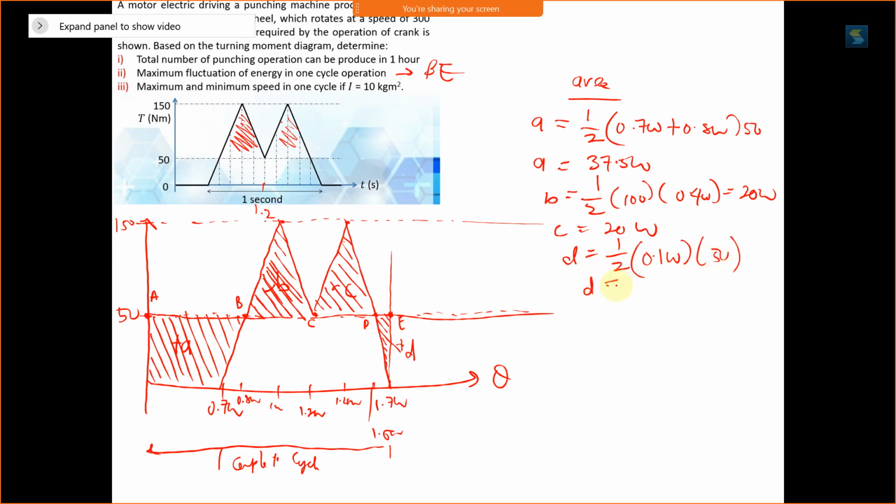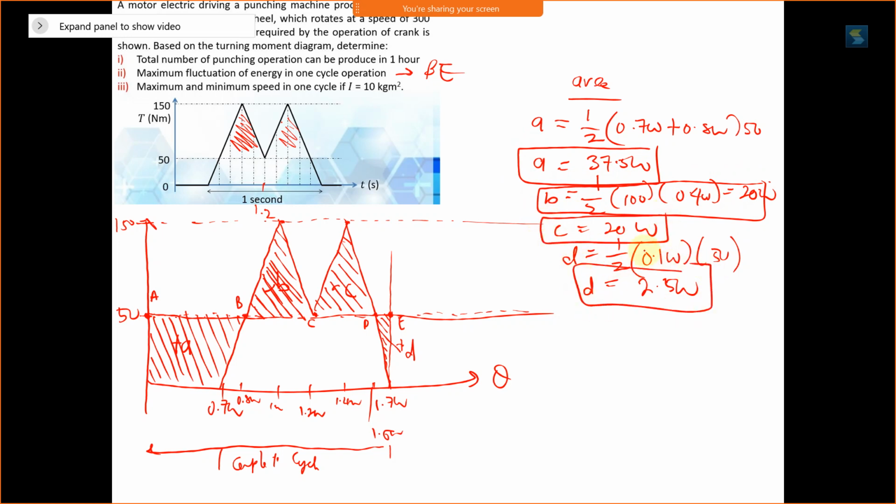Then D equals 2.5 omega. So that is our A, this is our B, C and D. Okay. Now we need to find the flywheel energy at each point. So point A, B, C, D and E. Alright, flywheel at each point.